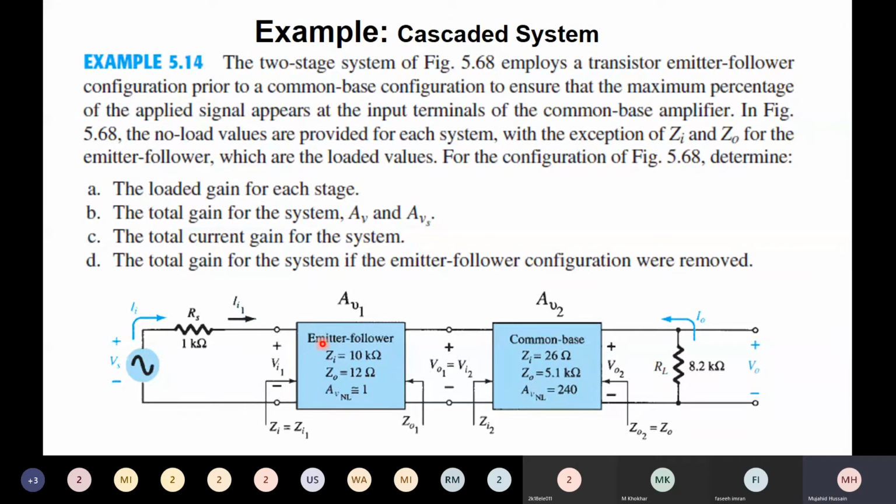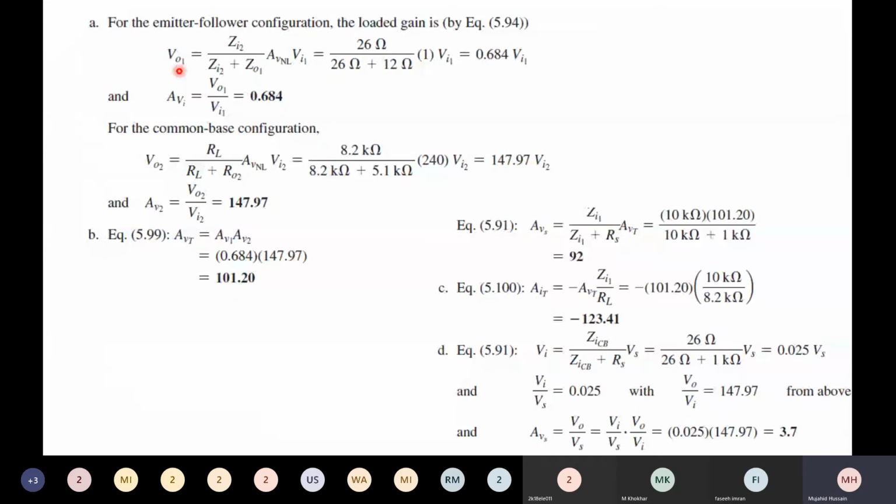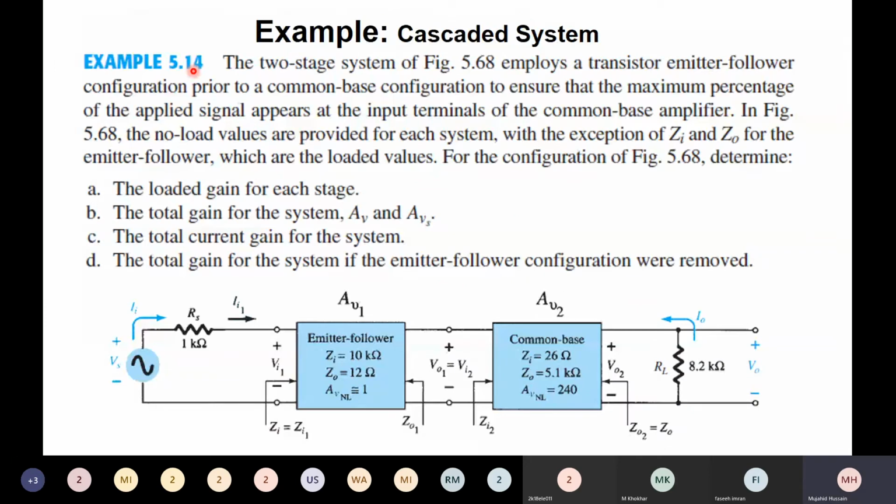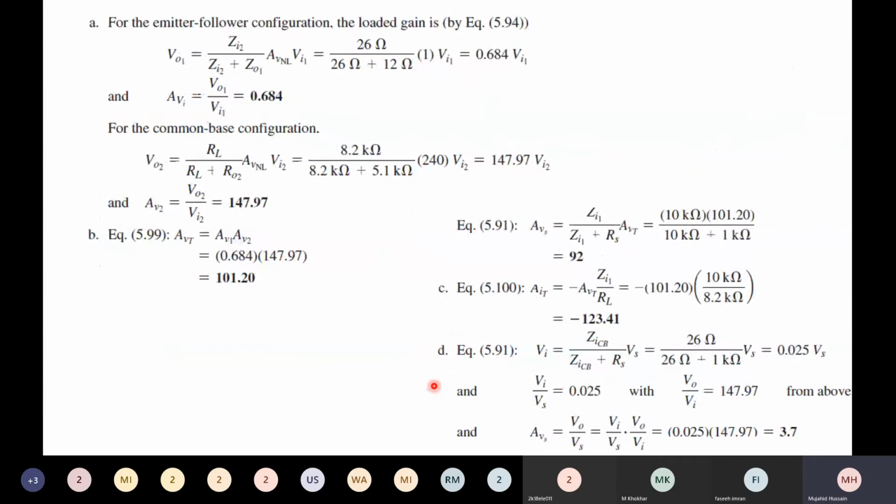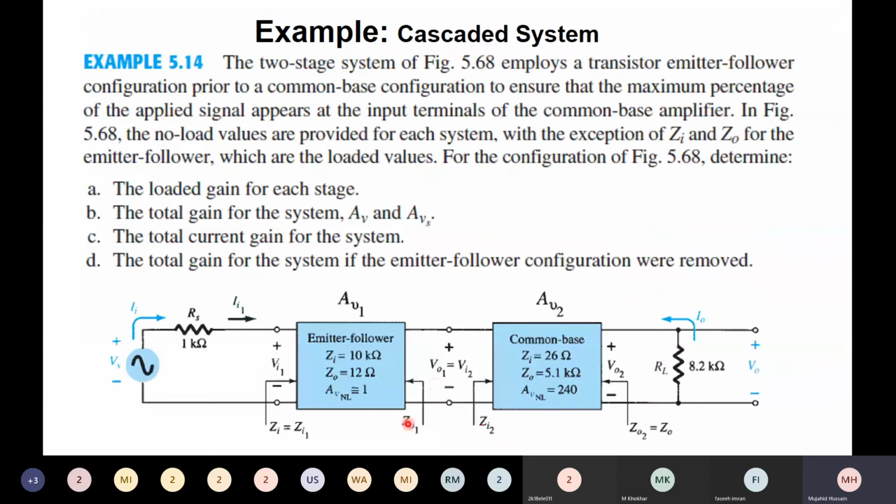In order to find AV1, you consider V naught 1 over here. So V naught 1 will be Zin over Zin plus Z naught 1. We are here at this loop. Z naught 1 and Zin are connected in series, so there will be voltage division at this output terminal.